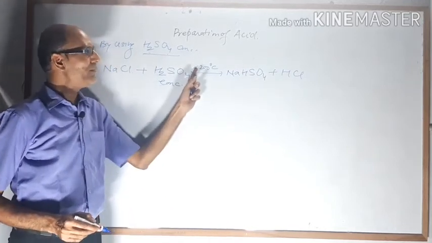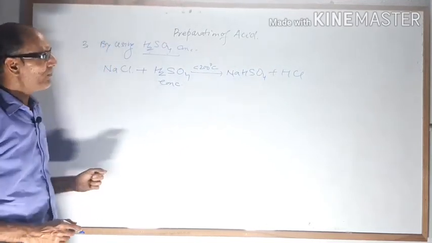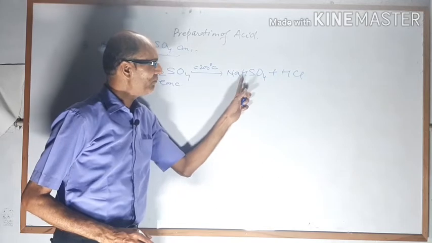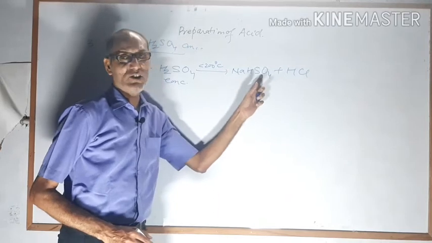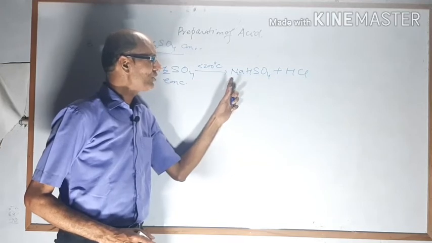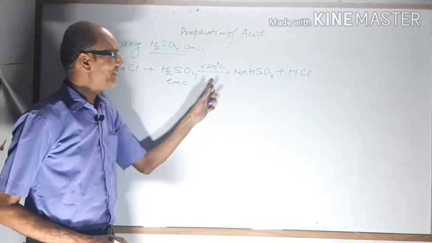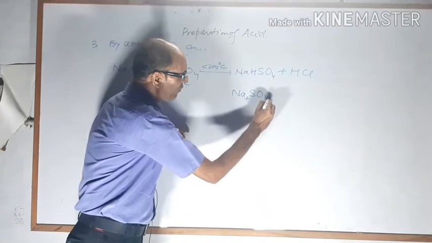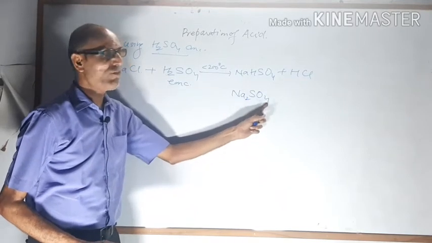If you heat above 200 degrees Celsius, you will also form HCl, but here what you have formed is sodium bisulfate, or sodium hydrogen sulfate. Listen again, sodium bisulfate or sodium hydrogen sulfate. But if you heat above 200 degrees Celsius, in place of this you will get Na2SO4, that means sodium sulfate.